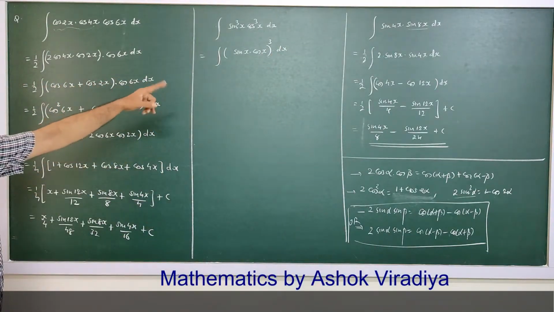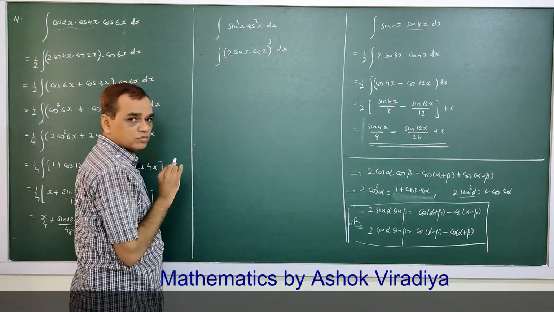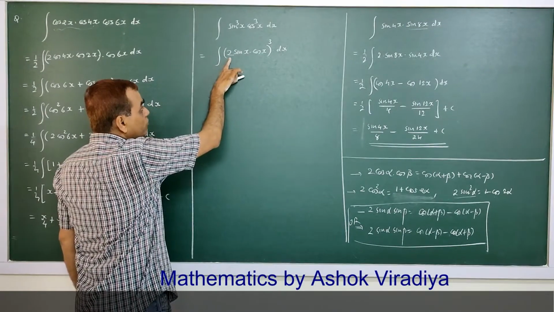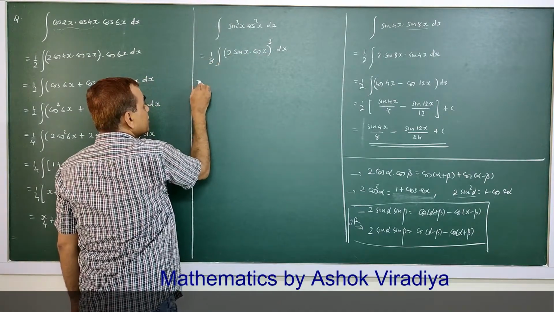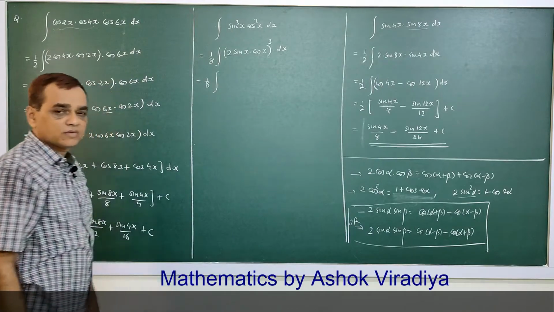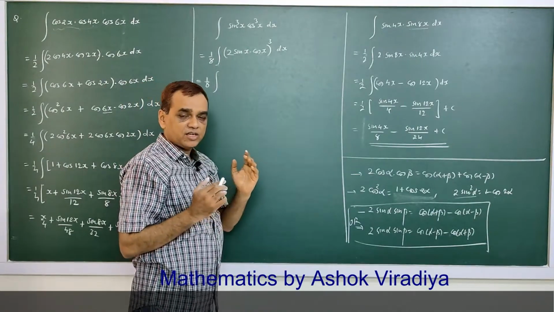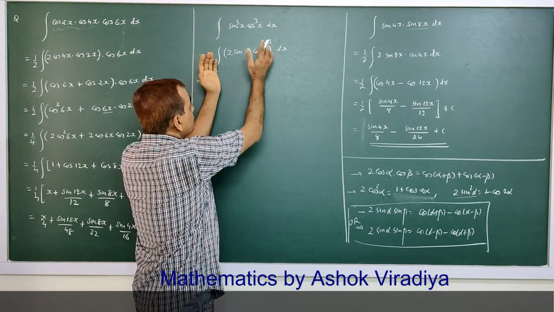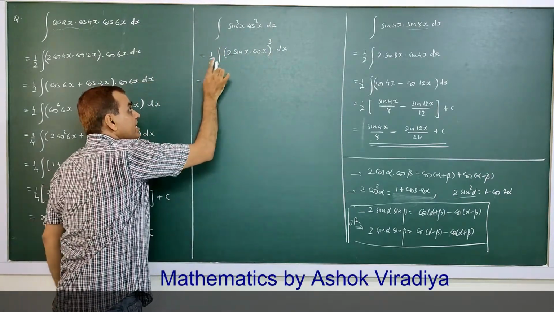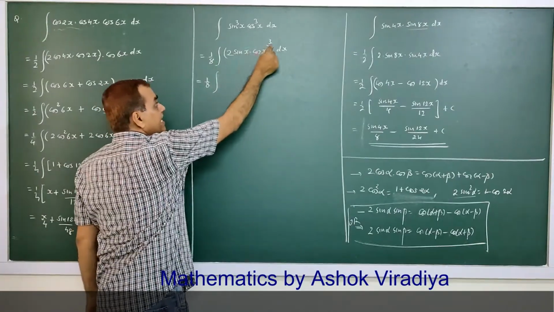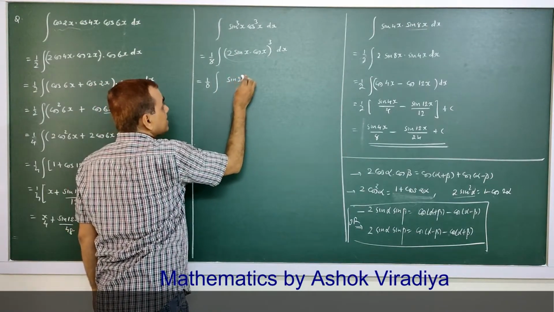This can be expressed as whole cube. Now what I do, I multiply inside by 2. If we multiply by 2, that means finally it is multiplied by 8, so divide by 8 because we can't change the value. So joining the sine into cos, showing the cube of this combined number, multiplying by 2 and dividing by 8. This is now sine 2x. So it is (sine 2x) cube.